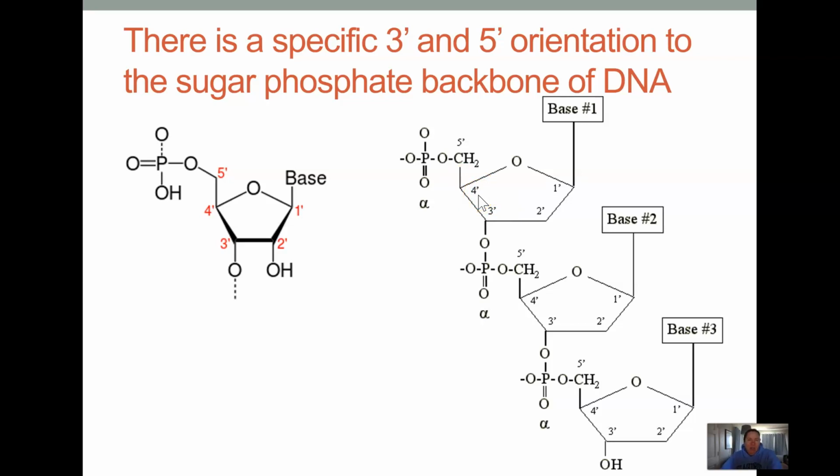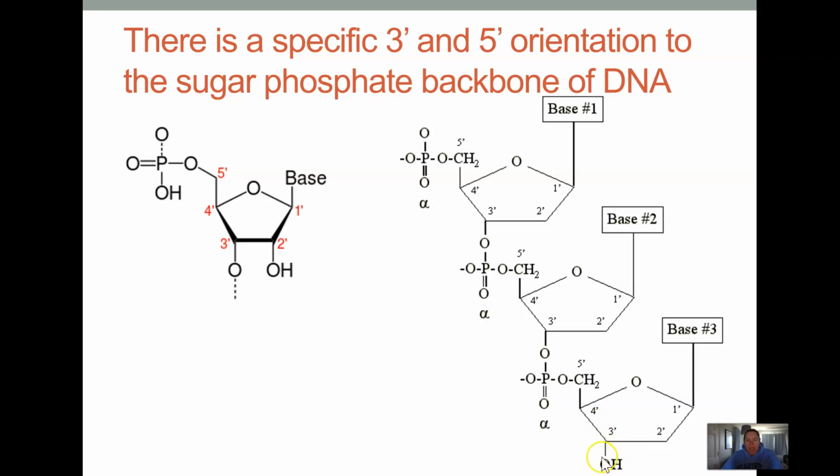It's just the nomenclature of science. So that number 5 carbon is called the 5' end of this molecule. The 5' phosphate will be on one end. And if we go down to the other end of the DNA, we're always going to end with the 3', here's carbon number 3, or the 3' carbon.